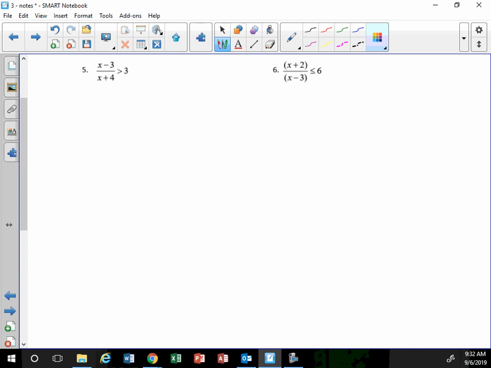All right, let's look at number 5. So again, it's the exact same idea that you need a 0 on one side. So the first thing I have to do is subtract 3. You can put it over 1 if that helps you. And yes, I left some space there.